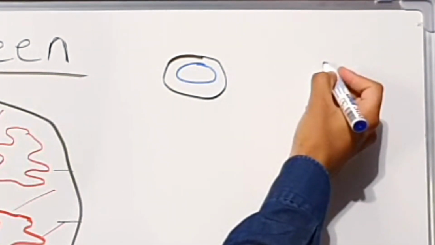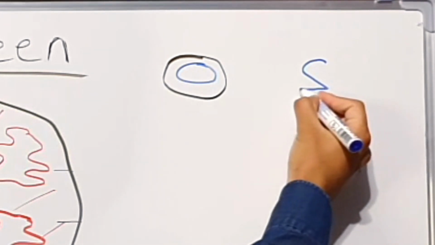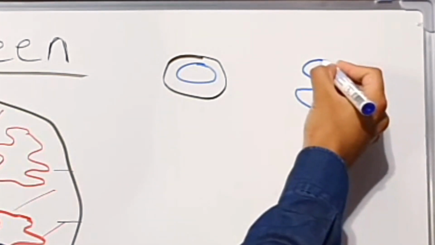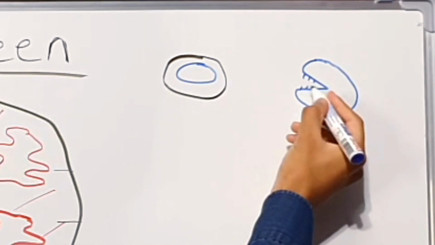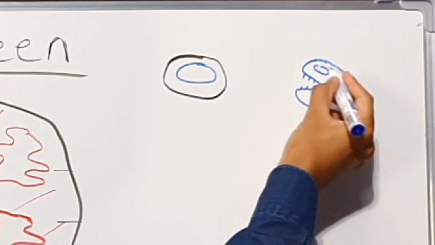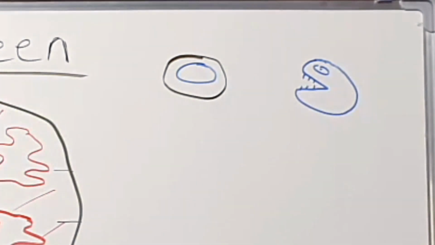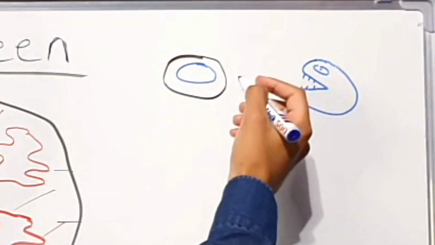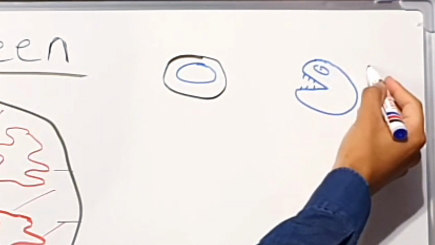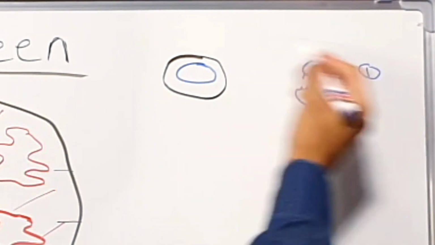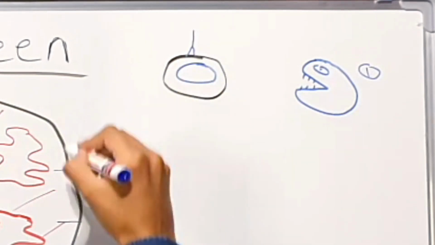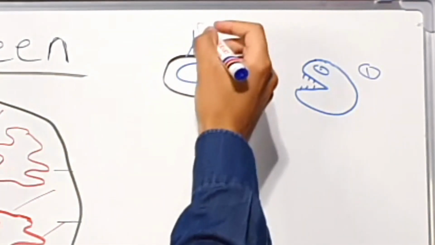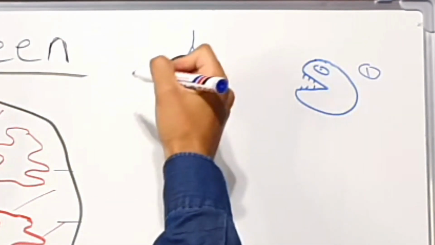Here we have a macrophage. Let's draw some teeth. Evil, right? So we need first a macrophage, and we need antibodies binding to this organism. These antibodies will cause two things.